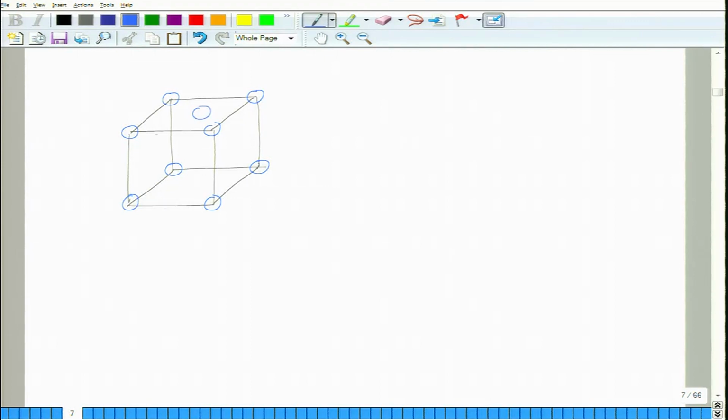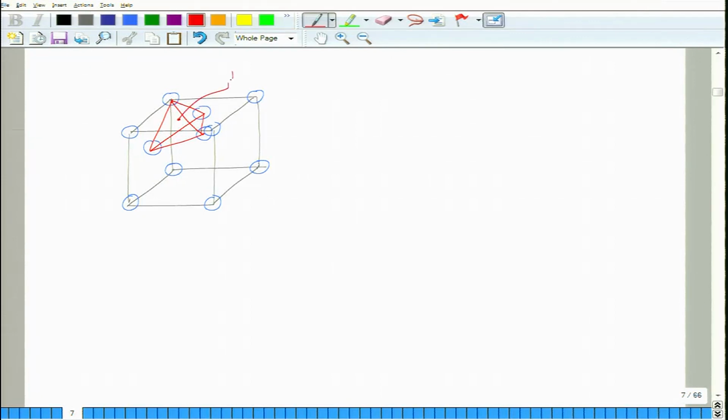So I'll just draw these three atoms, okay. The one at the center. Tetrahedra is made by connecting this atom with this atom and this atom. This is tetrahedra, alright. Our atom is sitting somewhere here.